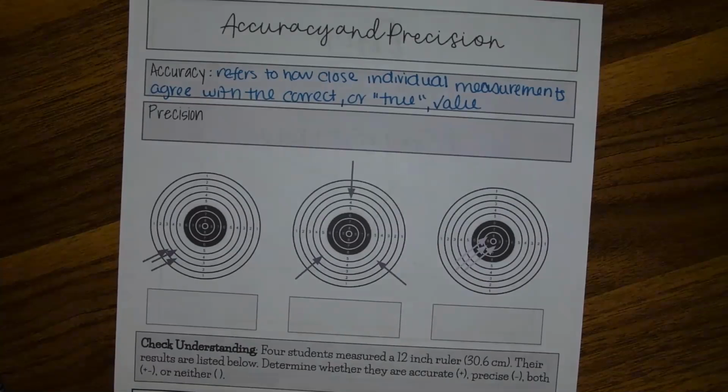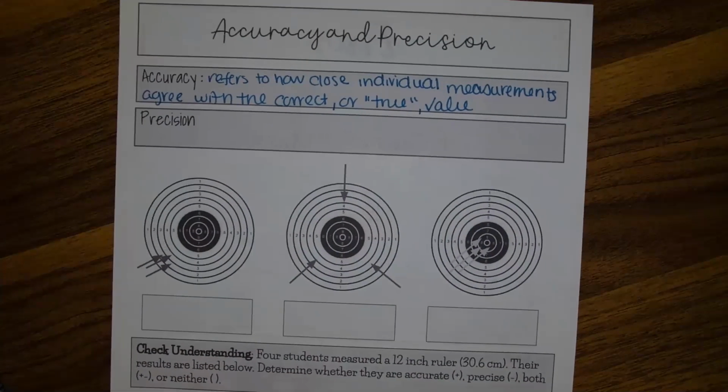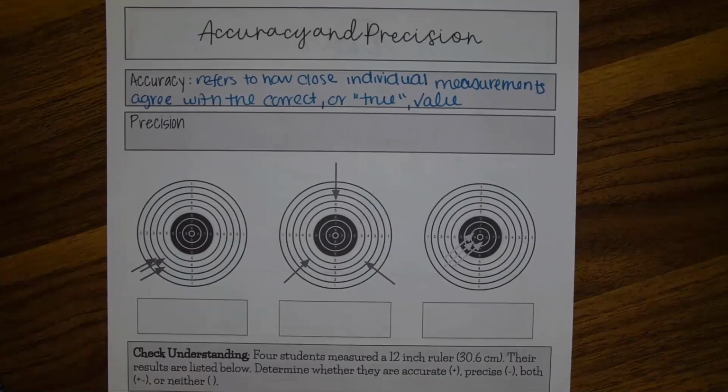So essentially, it's your given value, what the expected value is. Anything that is basically told to you would be considered the correct or true value. So if your ruler is supposed to be 30.6 centimeters, then you should get your answer to be 30.6 centimeters.